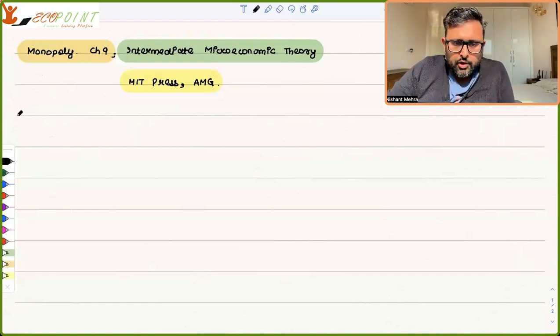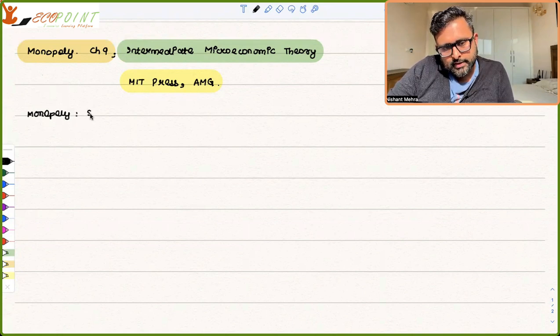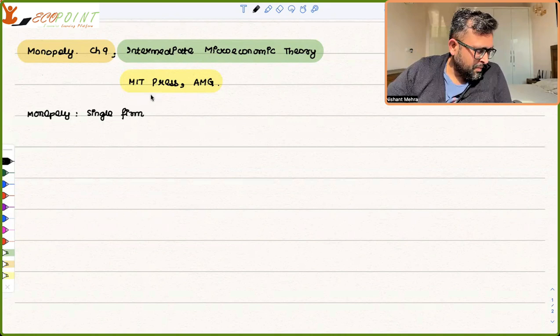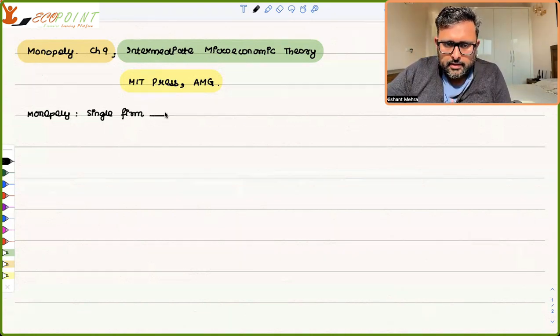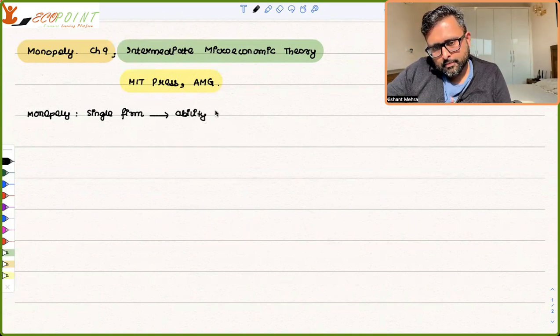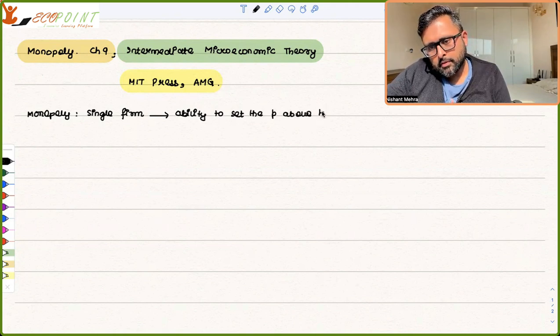So in monopoly, there's a single firm, and that single firm has the ability to set the price above the cost.